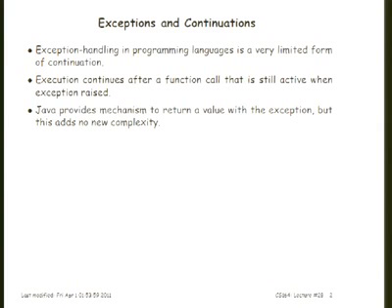Okay, let's talk about exceptions. We segue from continuations into exceptions, which is why I wanted to at least start this today. One of the things you can do with continuations is say at some point in your program, save this point in my program, and save it in a place where I can get at it from elsewhere.